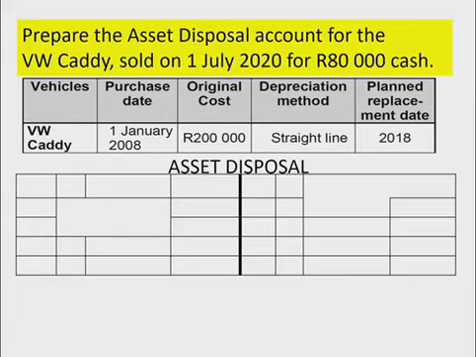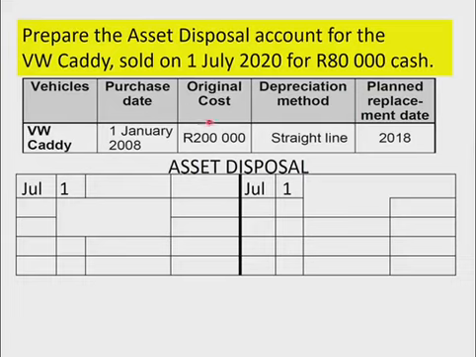It could also be that we have no profit or no loss if we're selling it for what it's worth or the carrying value. Okay, so what we're looking at here is we're selling it on the 1st of July. So the dates will have to be the 1st of July. The cost price is 200,000.